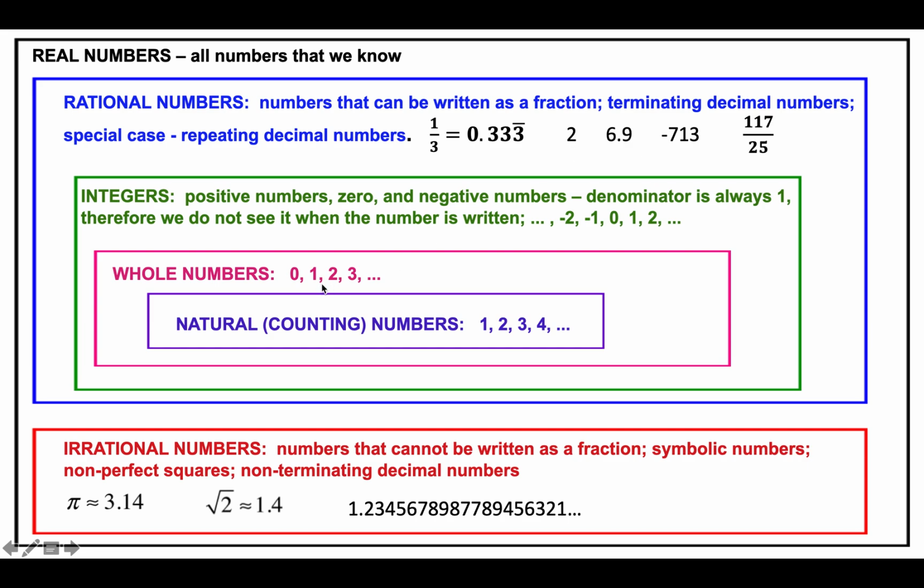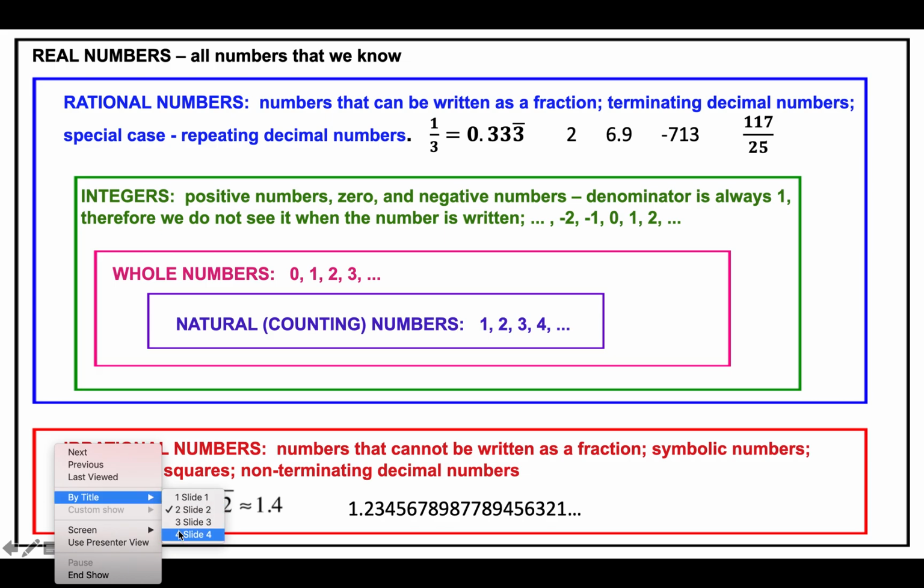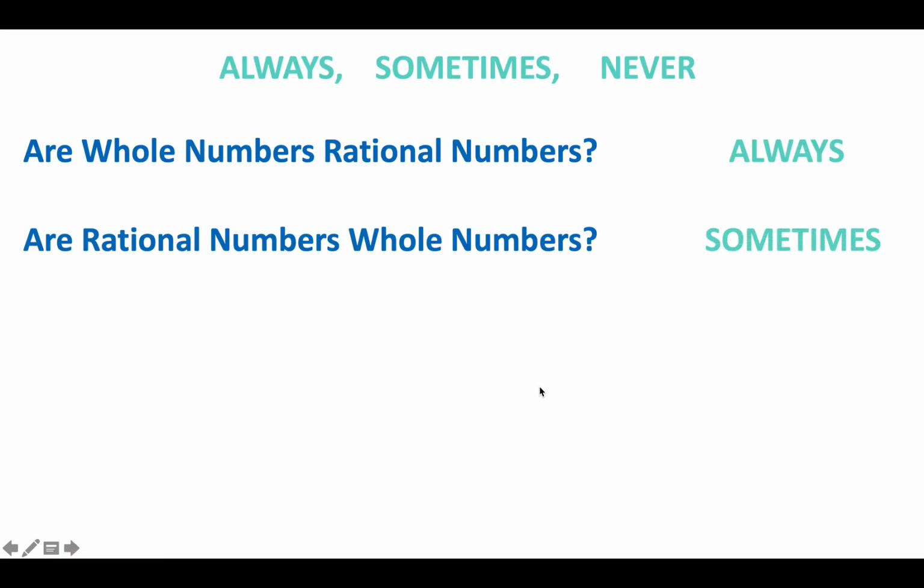Is 2 a whole number? Well, yeah. But is 1/3 a whole number? Well, no. So the only thing we can say is that if the grouping you're asking about is outside the category, you can say sometimes. Because we know 2 is a whole number, but 1/3 is not. So sometimes a rational number can be a whole number, but not always.